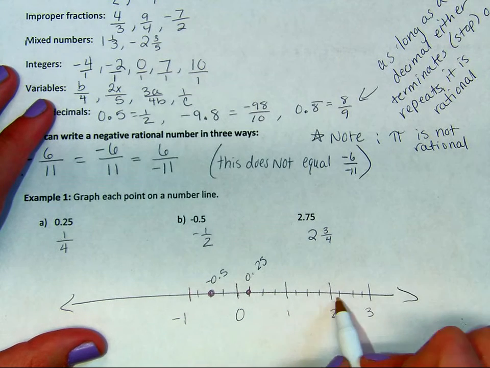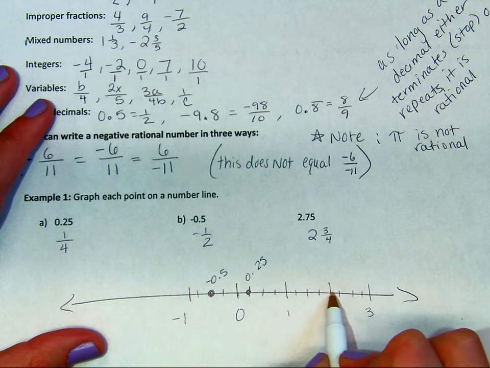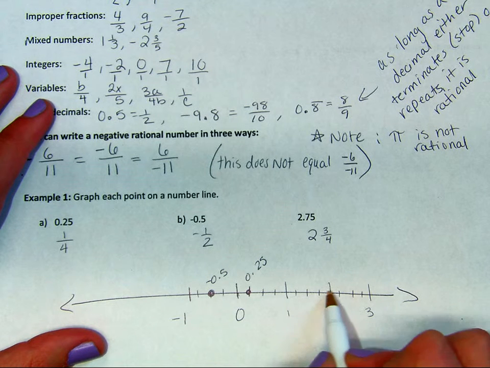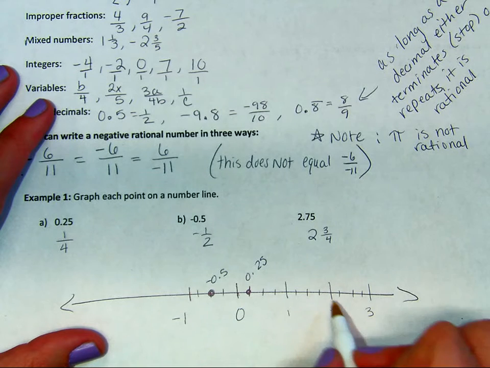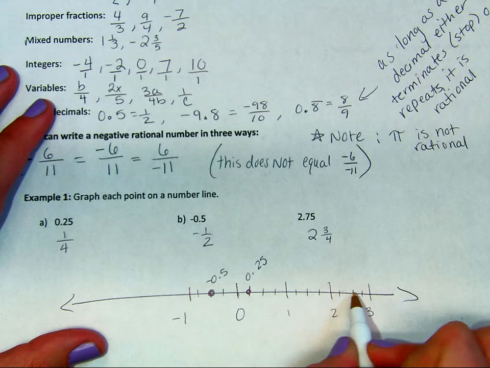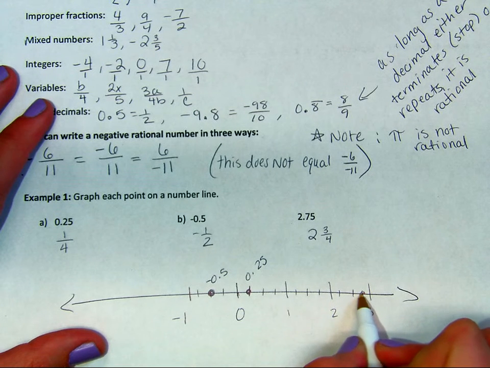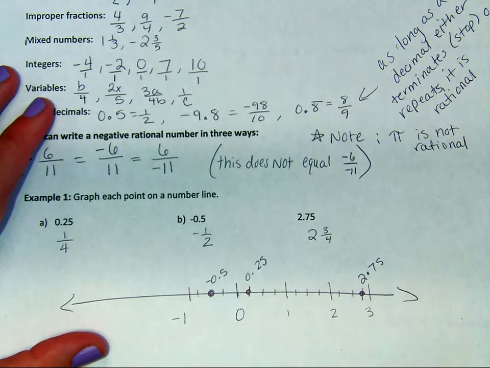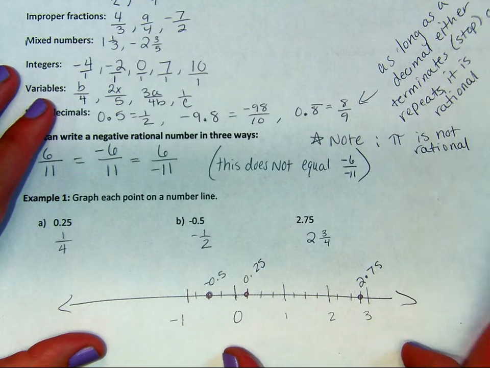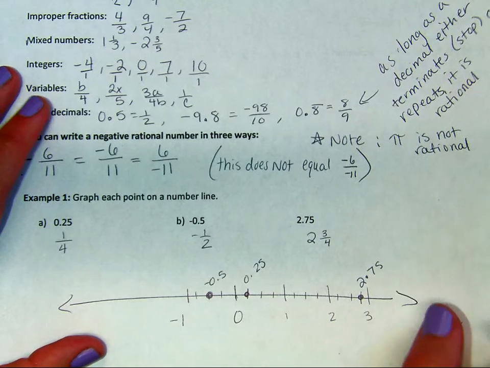So 2 3/4 would be between 2 and 3, because it's bigger than 2, but it's not quite 3 yet. So here's 2 1/4, here's 2 2/4, and here's 2 3/4. So 2.75. Okay, there's some practice graphing rational numbers.